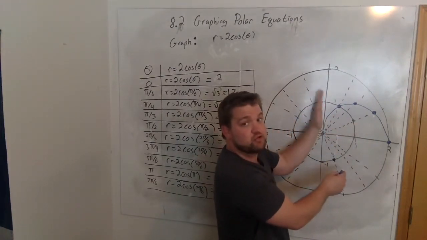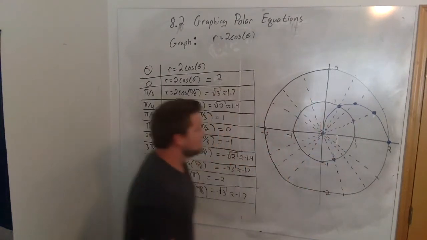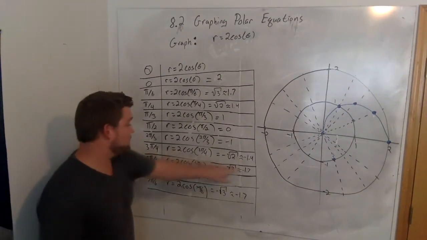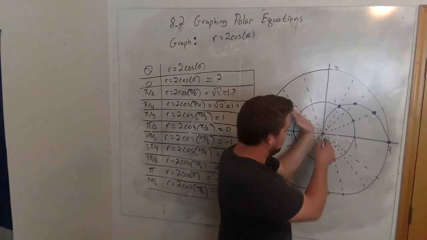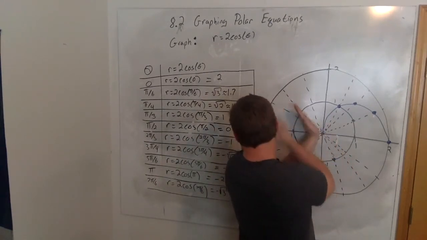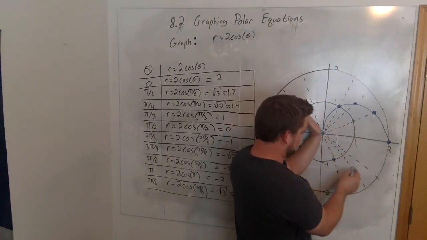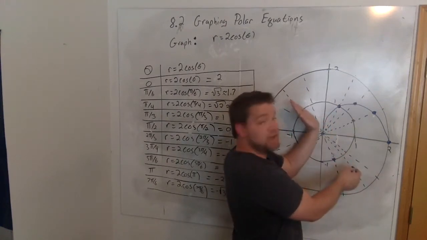So an angle of 2 pi over 3, but the radius is negative 1. Now, if we rotate 3 pi over 4, we'll have a radius of negative 1.4. So here we've rotated 3 pi over 4. Now we need to go in the other direction, because it's negative, roughly 1.4 units. This will be an angle of 3 pi over 4 and a radius of negative 1.4.